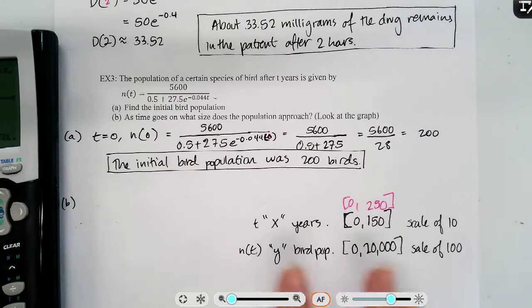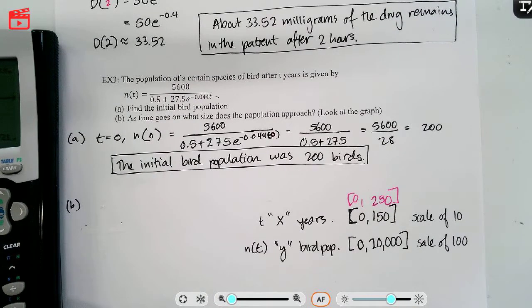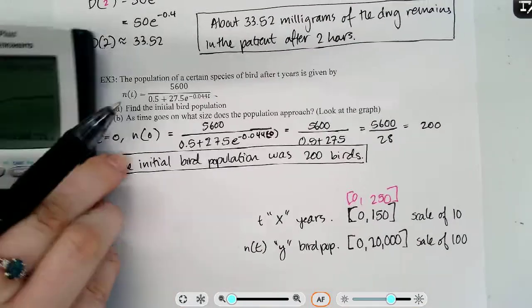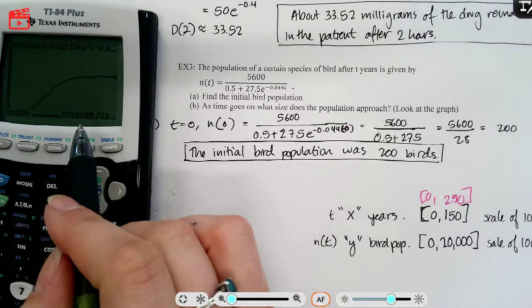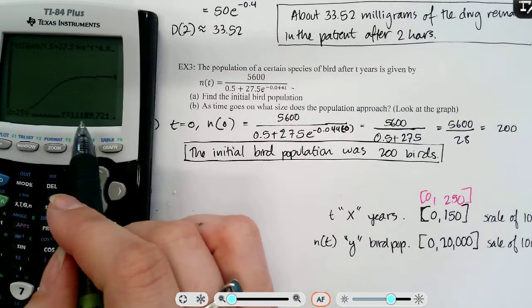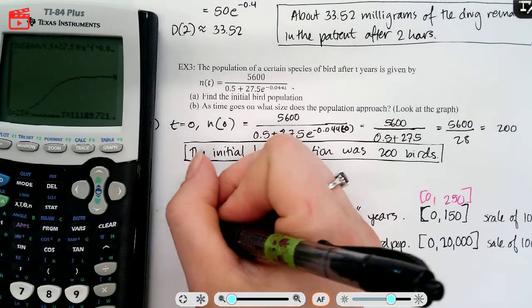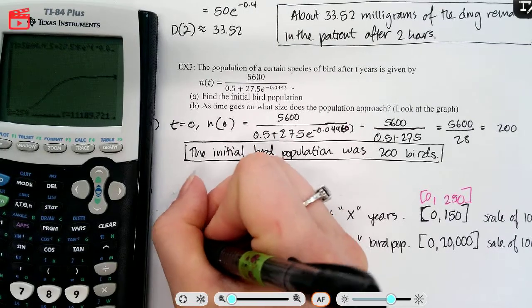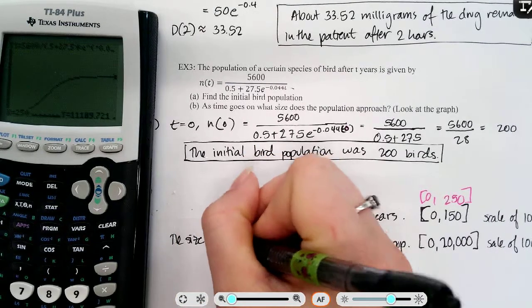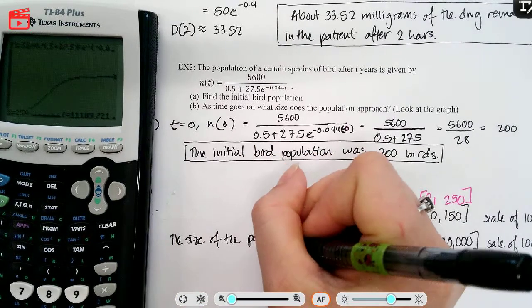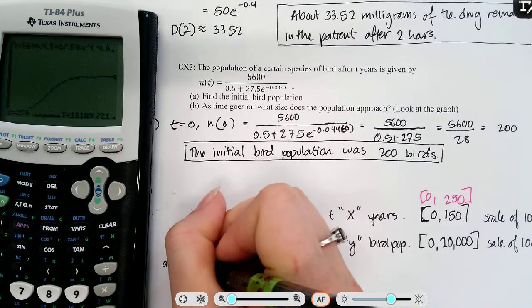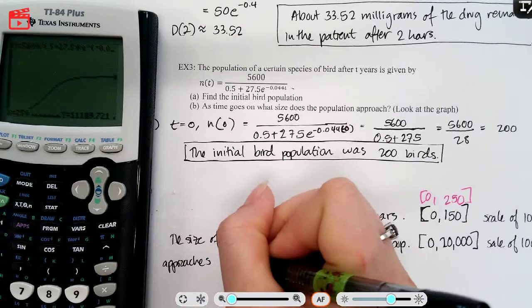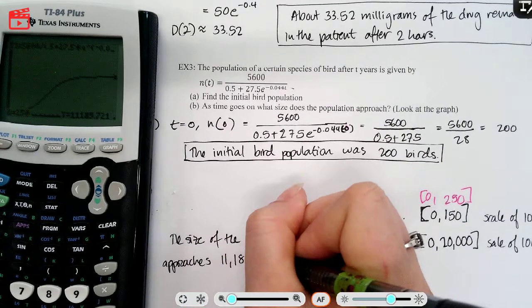It looks like it's getting close to about 11,200. So the size of the population approaches 11,189.